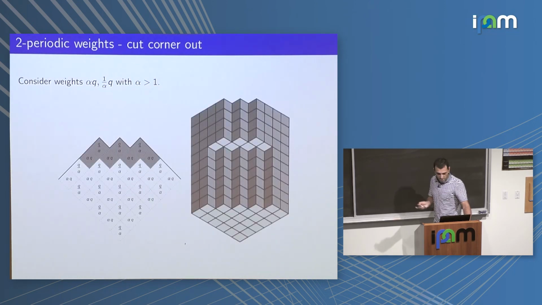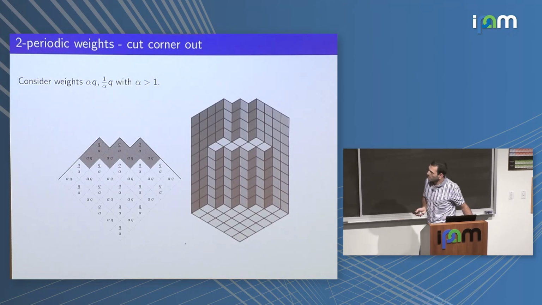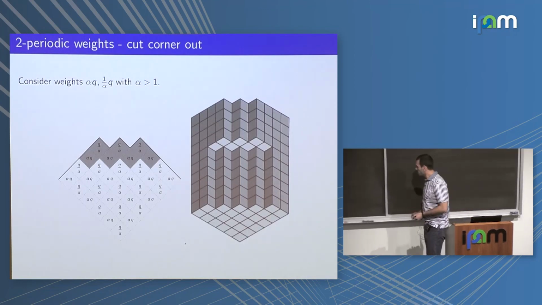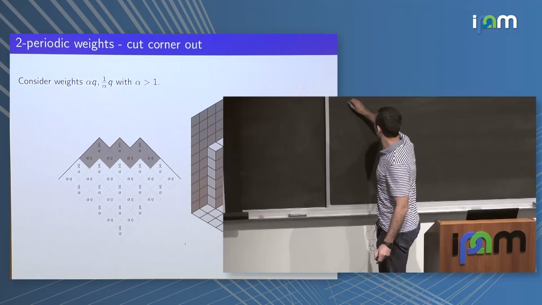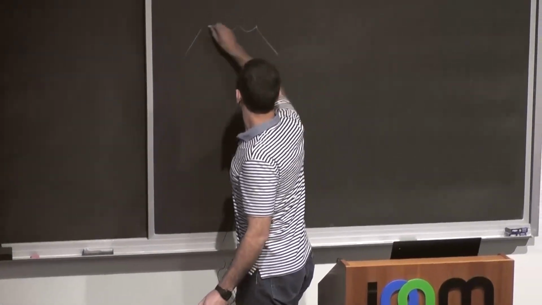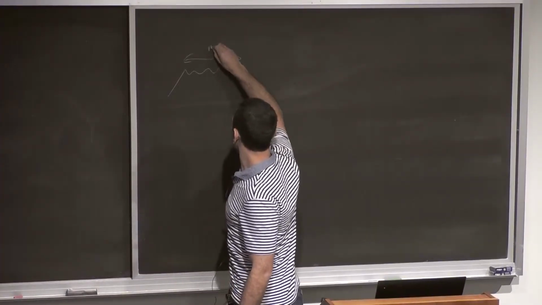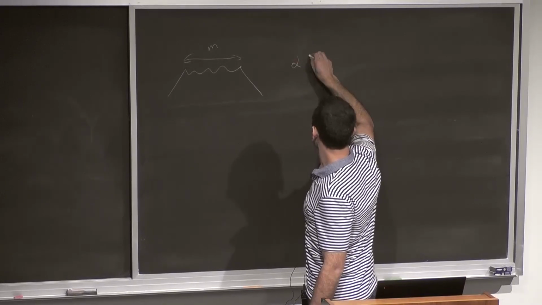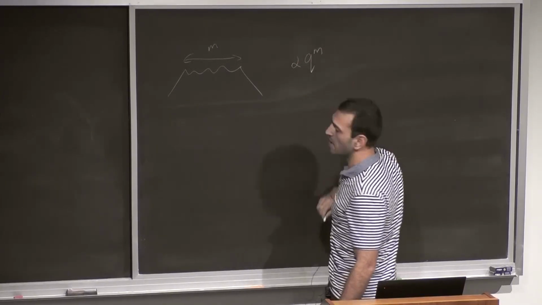But it turns out that this is actually not that bad. You see, the whole weight of this thing is now, again, one extra alpha than 1 over alpha. So the whole weight of this is going to be something like alpha q to the 7. So if the strip that you're cutting out has width m, then the whole weight of that strip is going to be alpha times q raised to the m.